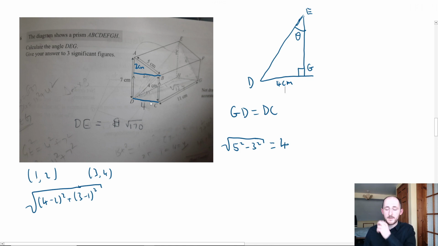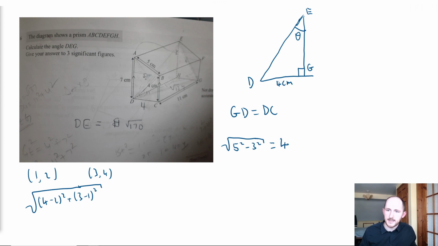So I'm not done quite yet. The next thing I want to work out is the diagonal side, which is EG. EG is going to be the same as the diagonal on this front face here. They'll both be the same.